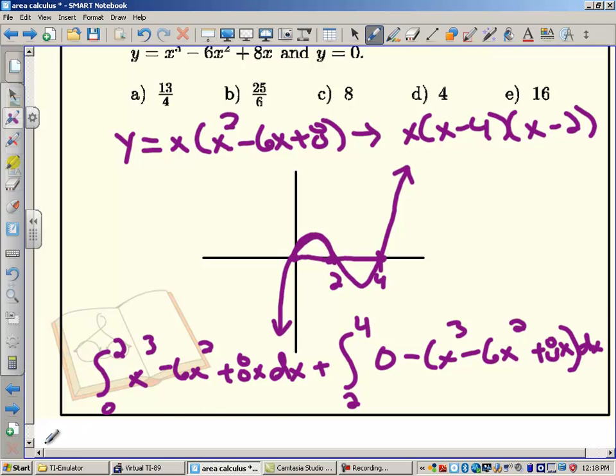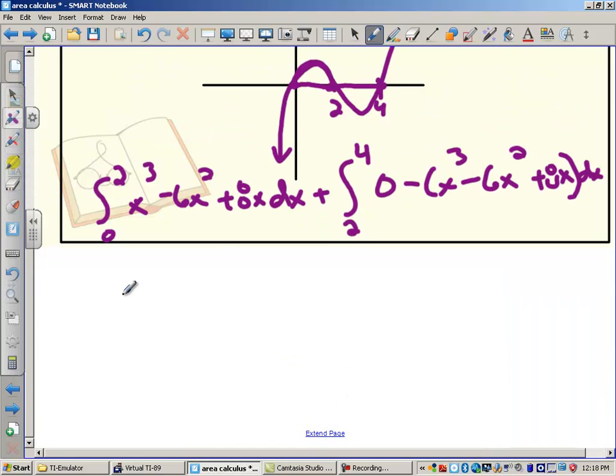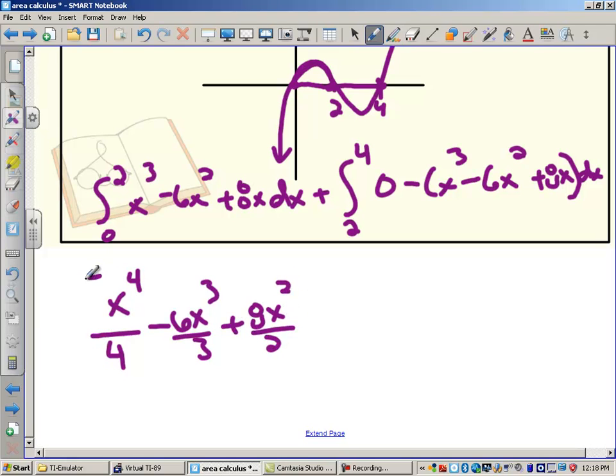So let's go a little further and see what this would be. So this would be x to the 4th over 4 minus 6x cubed over 3 plus 8x squared over 2 evaluated between 0 and 2.